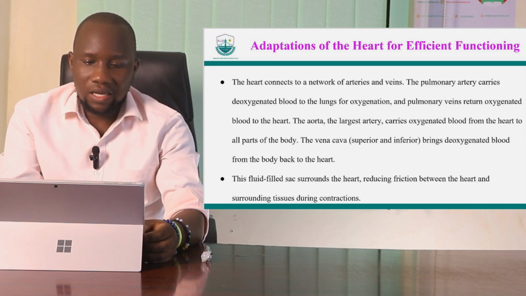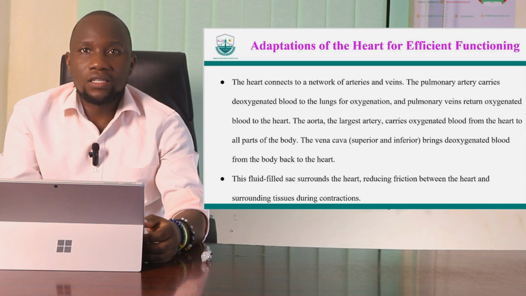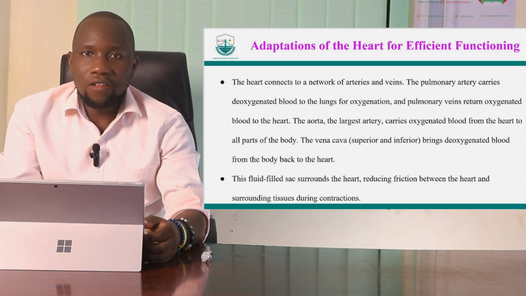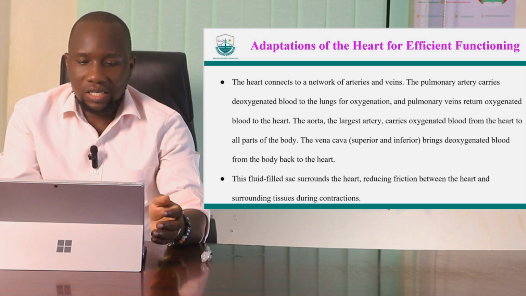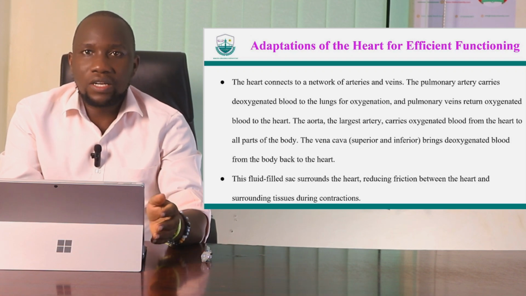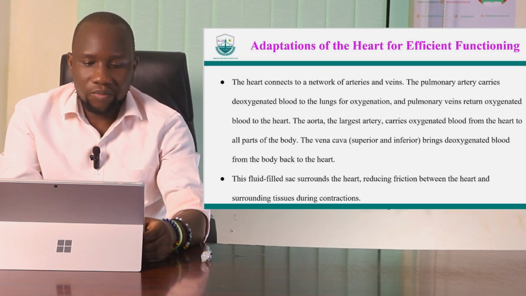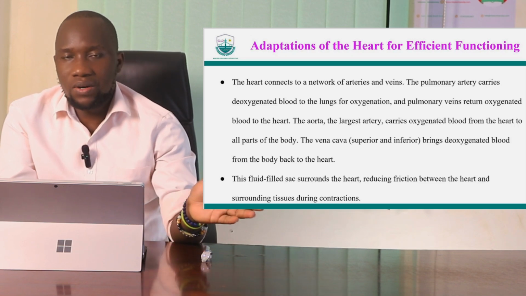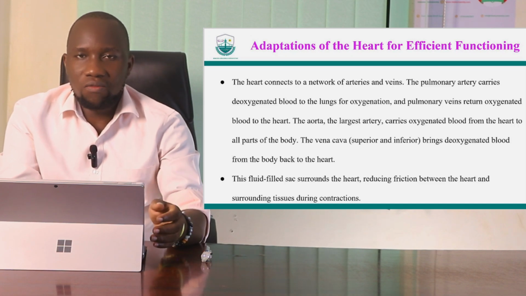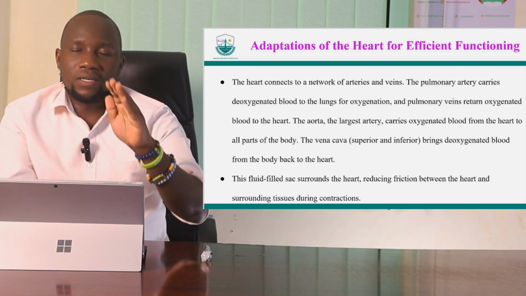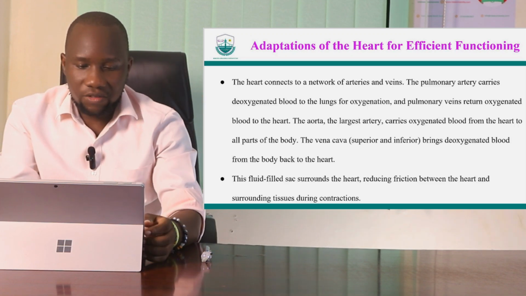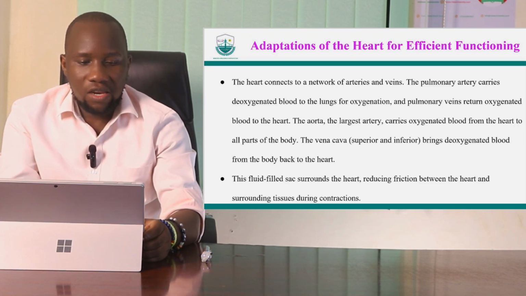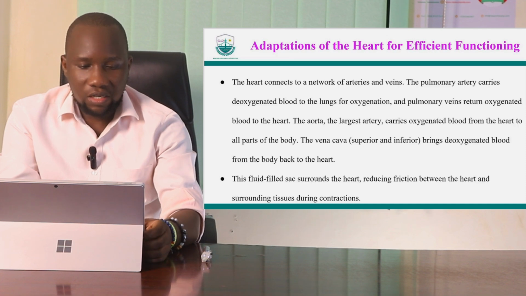This plays an important role in ensuring that deoxygenated blood is carried separately, and oxygenated blood is also carried separately. The same thing happens with the septum, which separates the two sides of the heart, the right side and the left side. And then the presence of the pericardial fluid is very important in reducing the friction between the heart and the surrounding tissues.